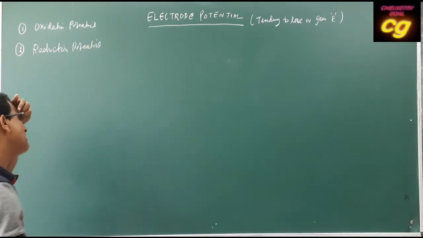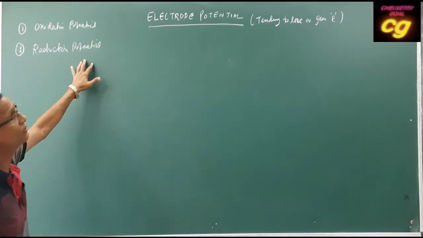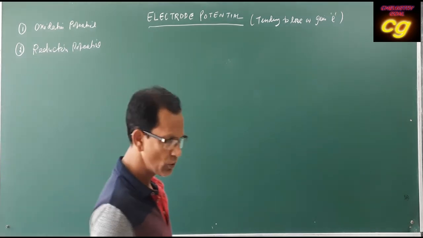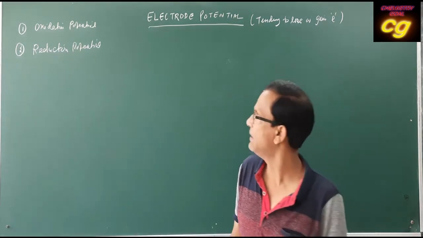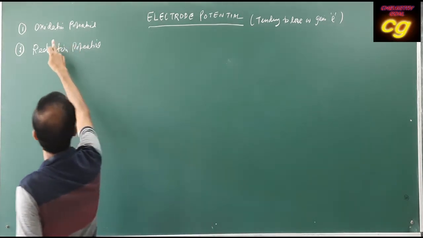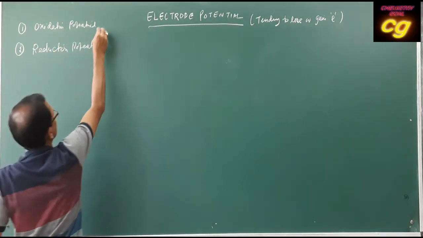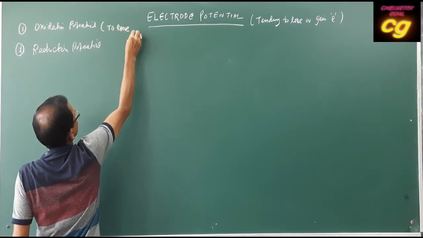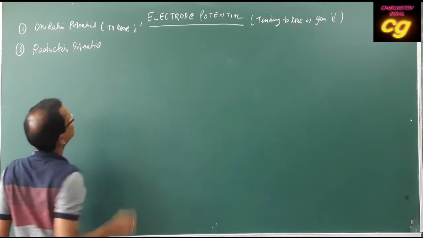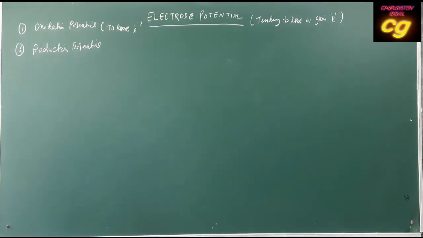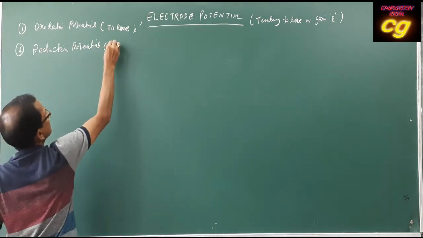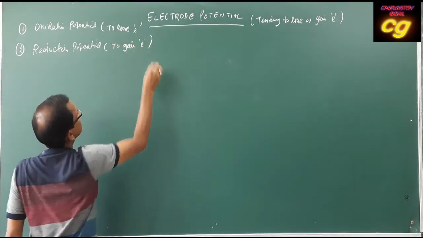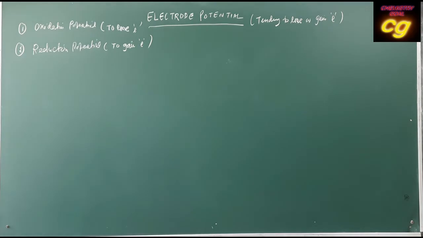The oxidation potential, when measured, depends upon the tendency to lose electrons. To lose electrons, that means oxidation potential. To gain electrons, that is called reduction potential.